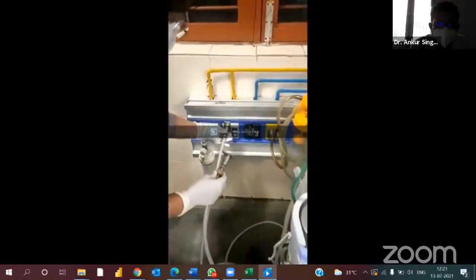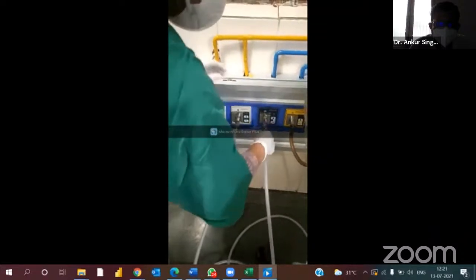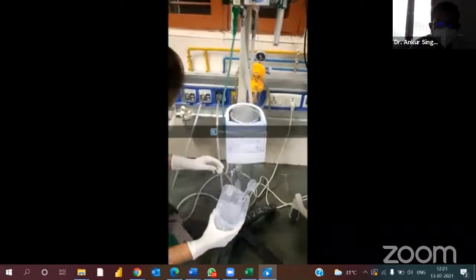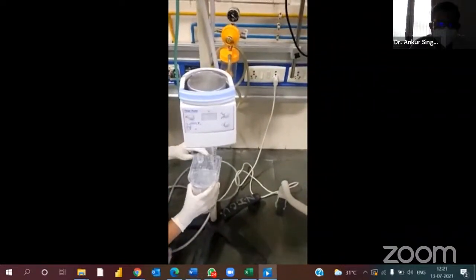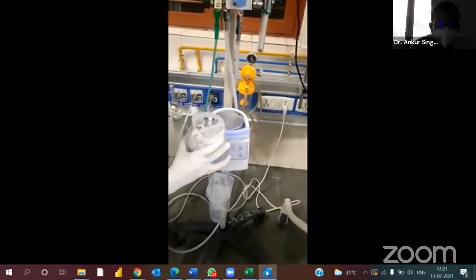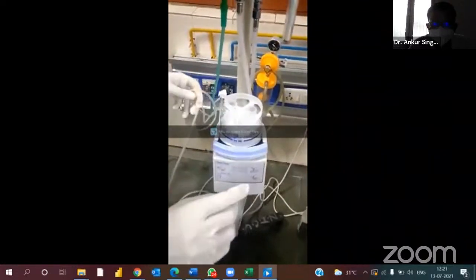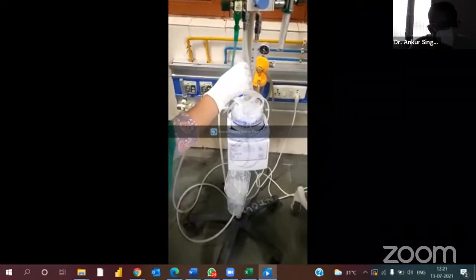This is the CPAP machine, and these are the inlets for oxygen and air. The oxygen and air inlets are connected to these. This is the water chamber, which is filled up to this mark, and it is adjusted on this stand. This is the humidifier water chamber, which is connected onto the servo. This is a safety device which is fit onto the humidifier water chamber.